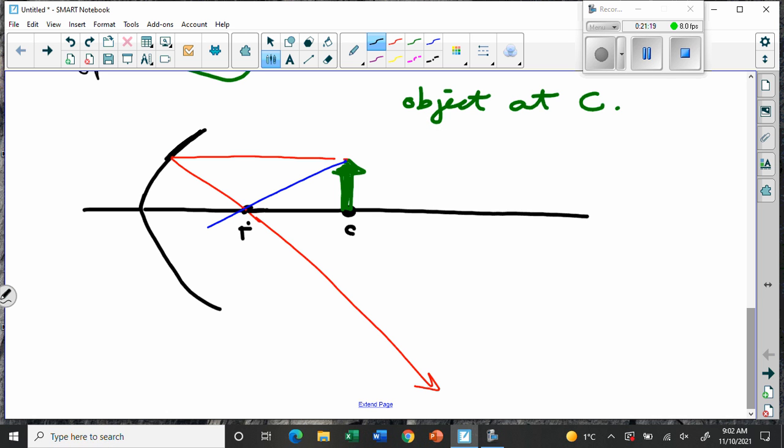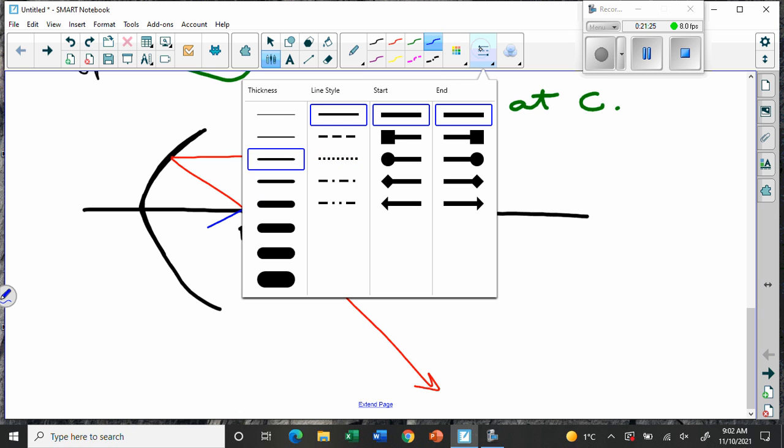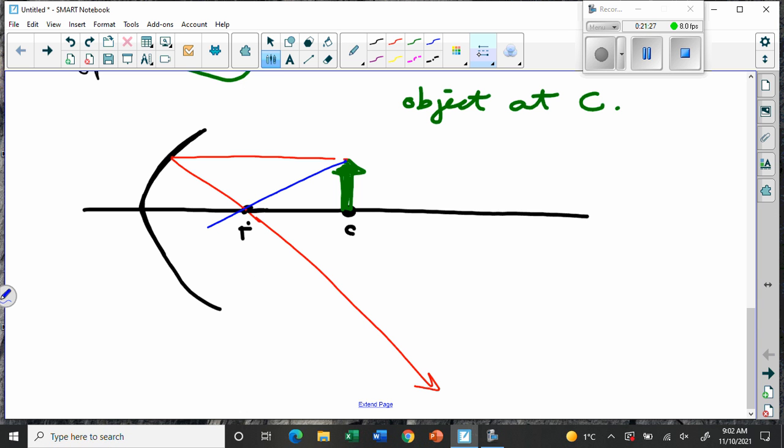Let's make the mirror sort of look like the vertex is in the center of the curve, which means that this line is going to strike now a little bit sooner. Right, a little bit sooner. So something like that. And then it should come over here. It's still a bit off, unfortunately.